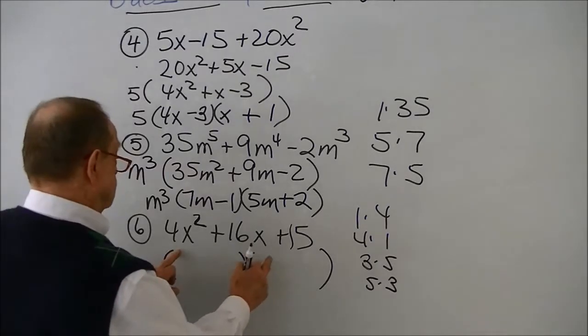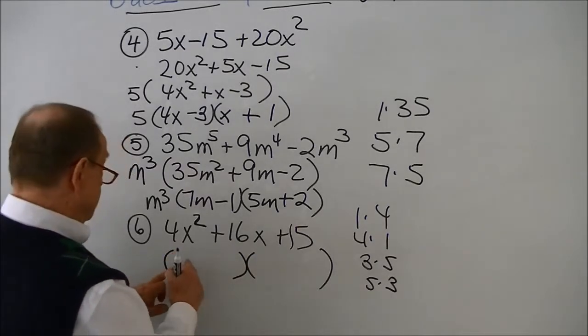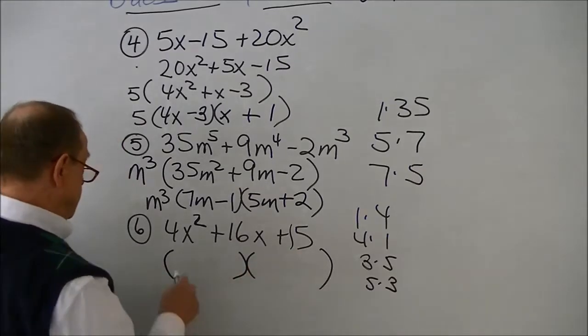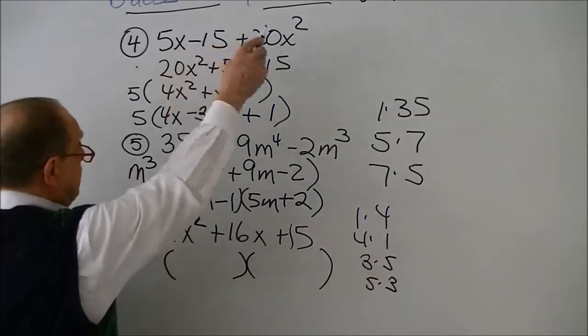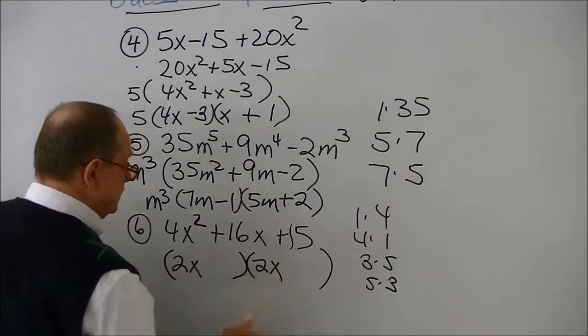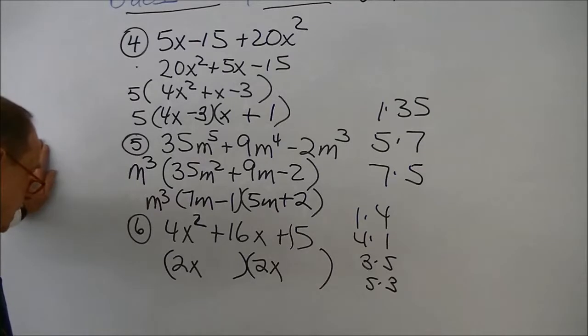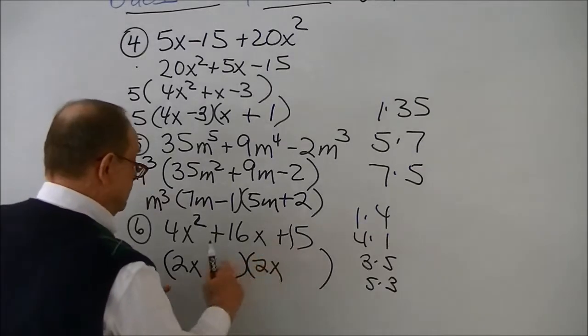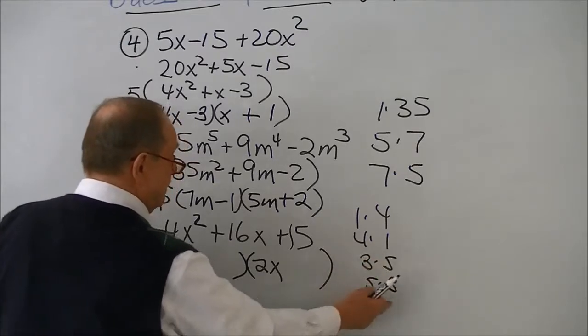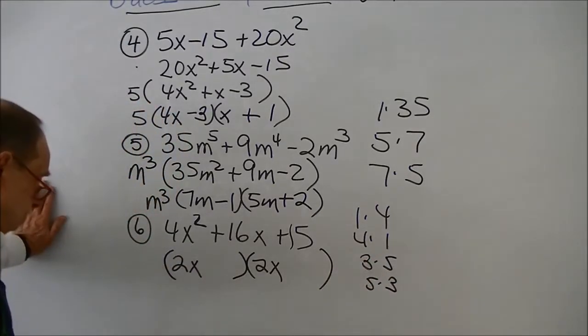Now, I don't think it's going to be a 4 and a 1 because that number is so big there. So let's try, again, trial and error, a 2x and a 2x. And I don't think that's going to be a 15 and a 1, so it's going to be either 3 and a 5 or a 5 and a 3. Oh, I see it.